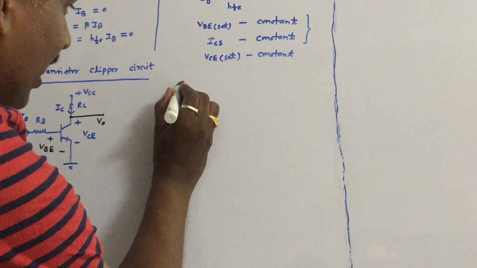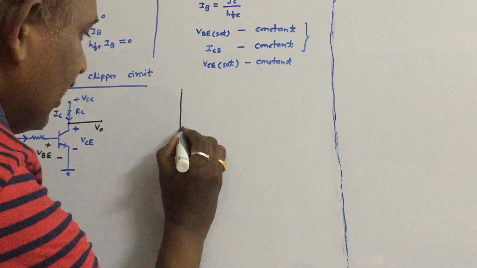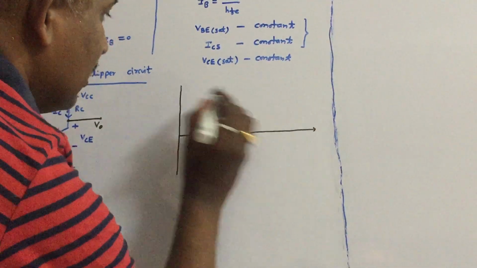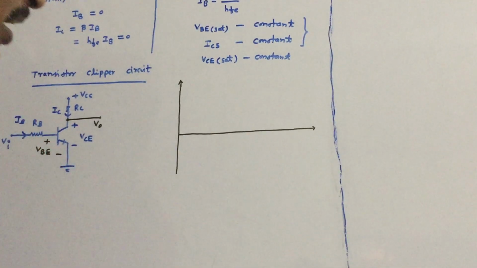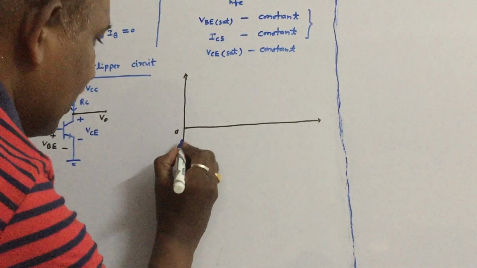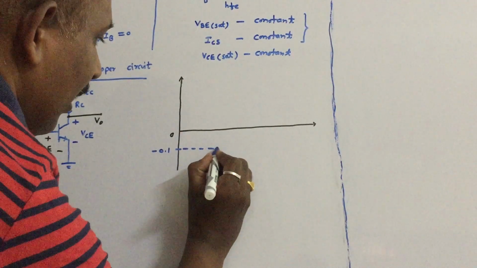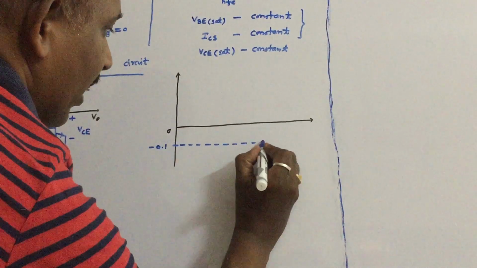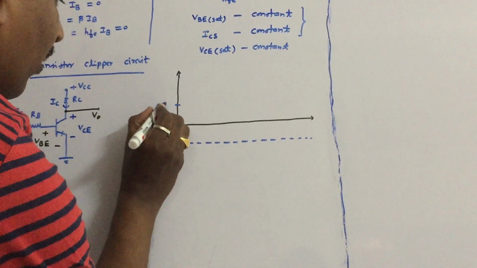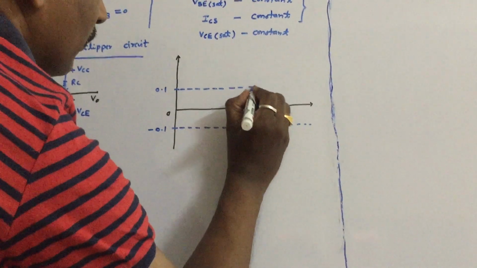For this, let us take a very simple one. If you understand the above concept, you can easily draw these characteristics. Let us represent this as 0, this as minus 0.1 line, and this as plus 0.1 line.